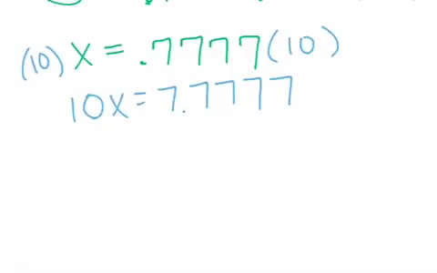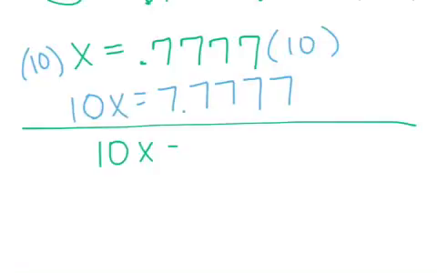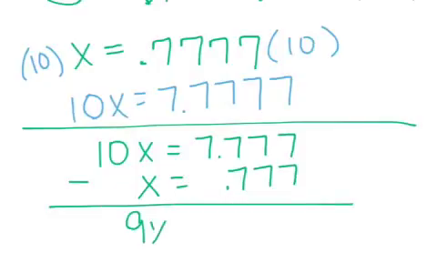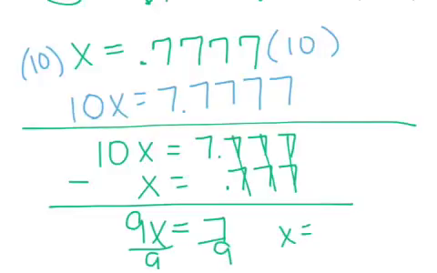So I'm going to do 10x, which equals this, and I'm going to subtract my original x. We're doing our algebra now, so 10x minus x is 9x, and that equals 7. So of course, divide both sides by 9, so x equals 7/9.